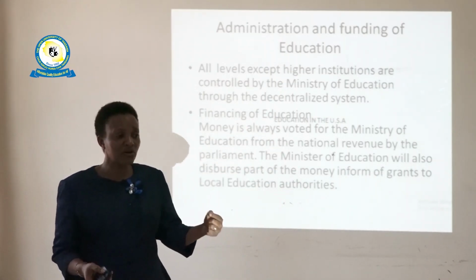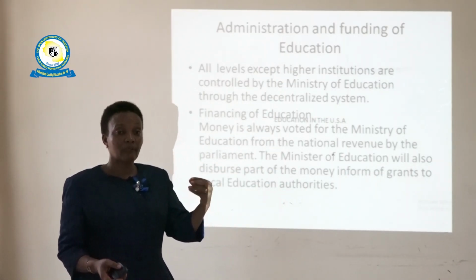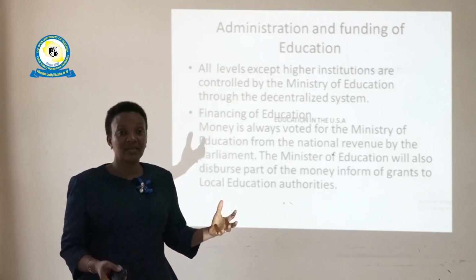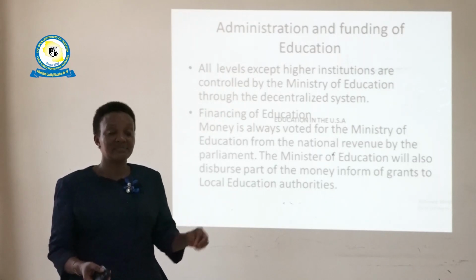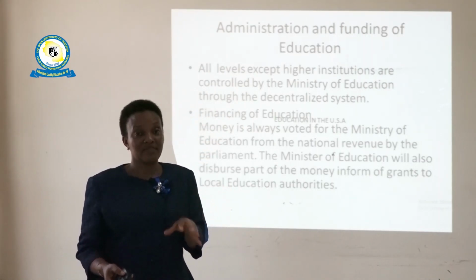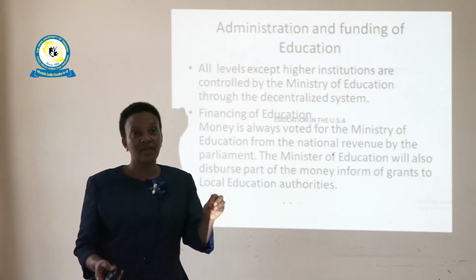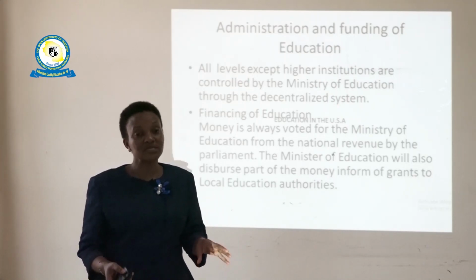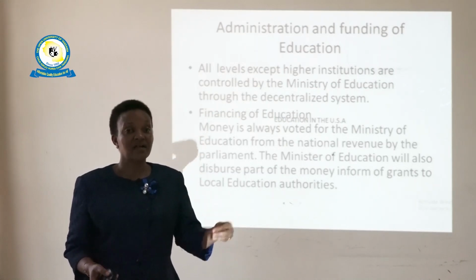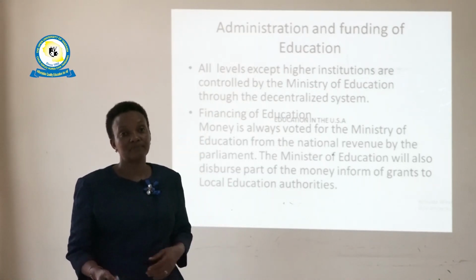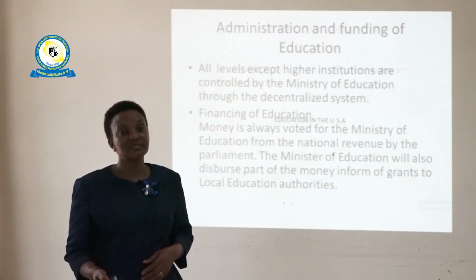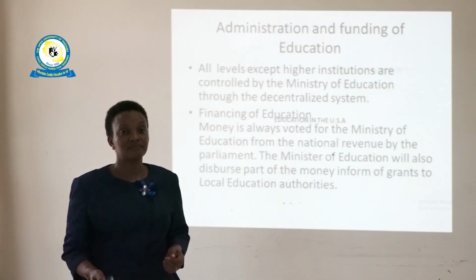No institution has access to the money until it is budgeted and passed by the Parliament. Only then can private institutions and any other institutions use the money. That is the education system in Britain.